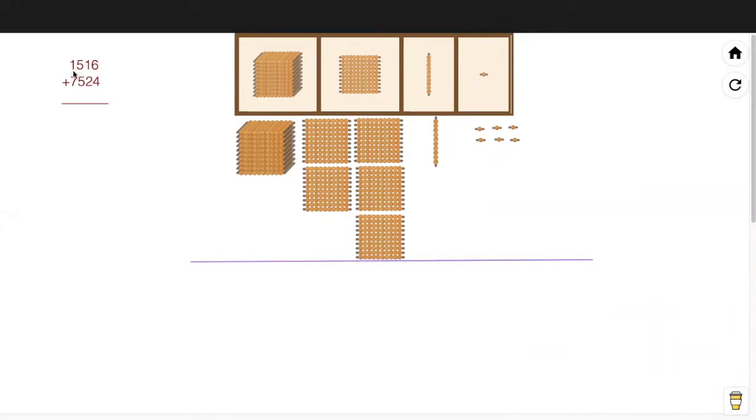For those of you who are joining us, we're doing the first math problem on the worksheet: 1,000, 5 100s, 1 10, and 6 ones plus 7,000, 5 100s, 2 10s, and 4 ones. Now that we formed the top number, we're going to form the bottom number, 7,000, 5 100s, 2 10s, and 4 ones. I'm going to give you a moment to form it by yourself, and then we're going to together make it on the computer screen.